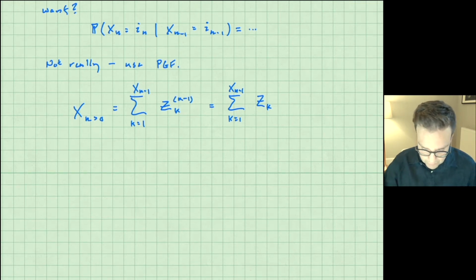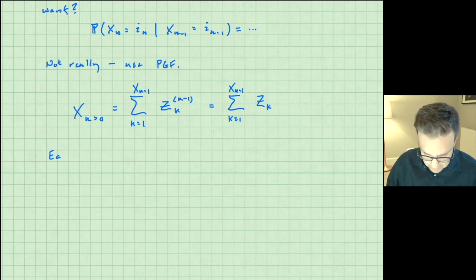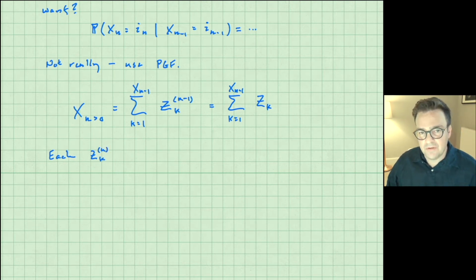Okay, and then we're going to require that each of the z's, z sub k, each of them is independent and identically distributed.